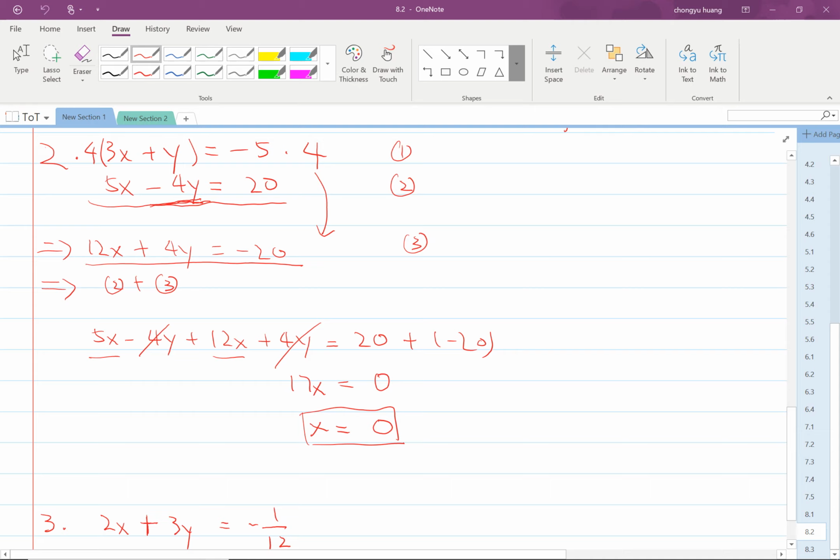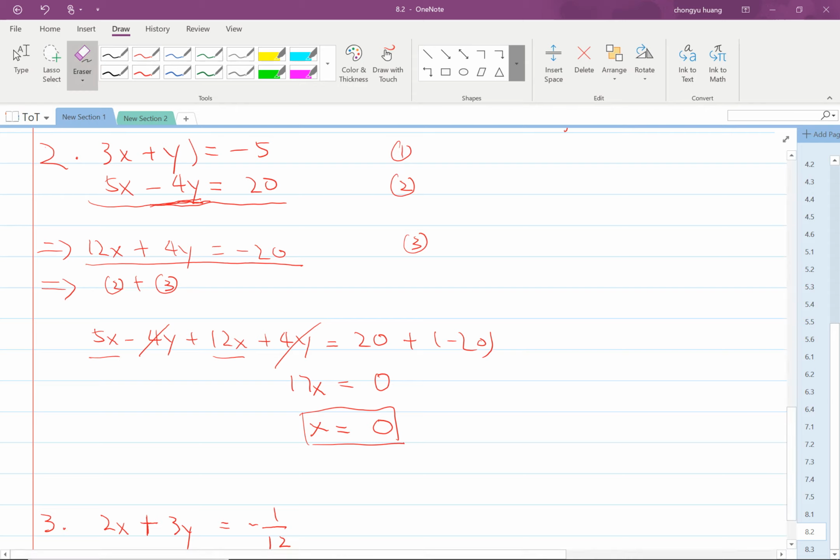Okay, I think this part may be a little bit confusing, so let me write it a little bit better. Let me remove this because I think this is quite confusing. So here is equation 3, and of course we have multiplied by 4.